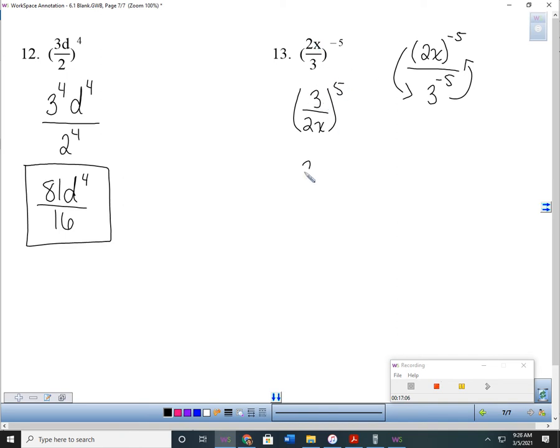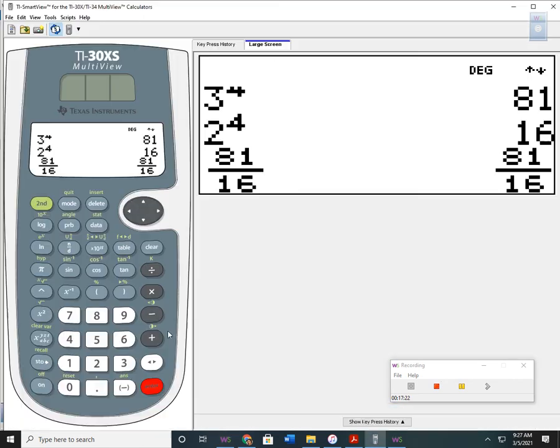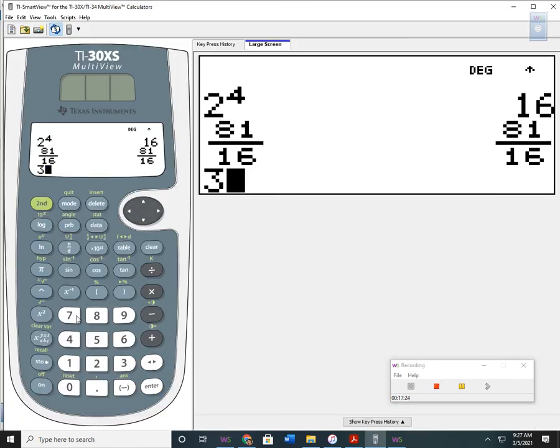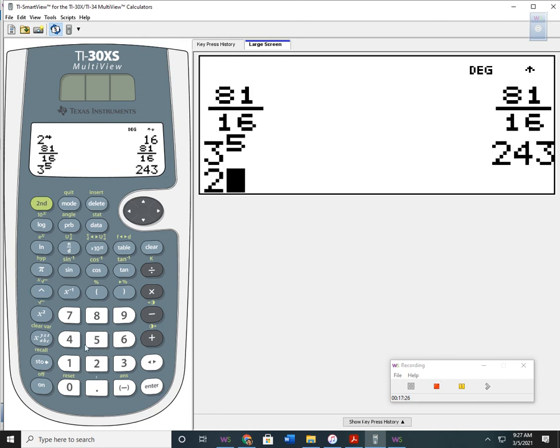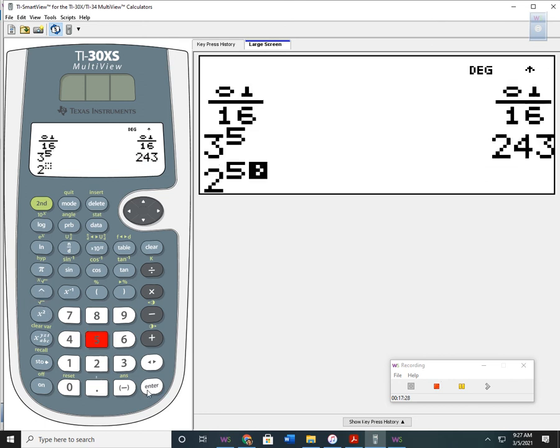Now I'll do 3 to the fifth power. On the bottom, make sure you take each one. So 2 to the fifth power and x to the fifth power. And then let's go ahead and simplify that. So we have 3 to the fifth, and we have 2 to the fifth. So 3 to the fifth is 243, and 2 to the fifth is 32.